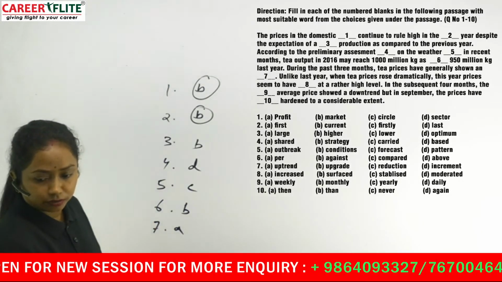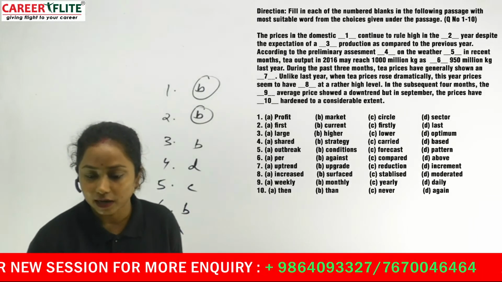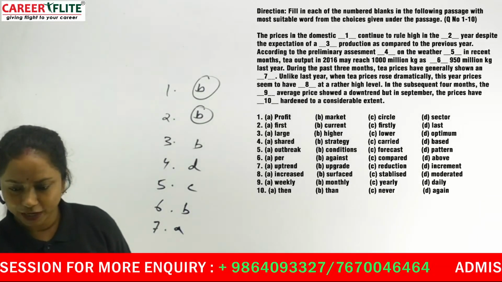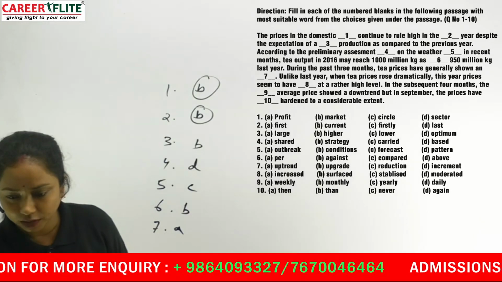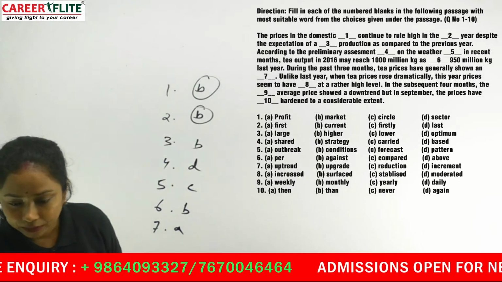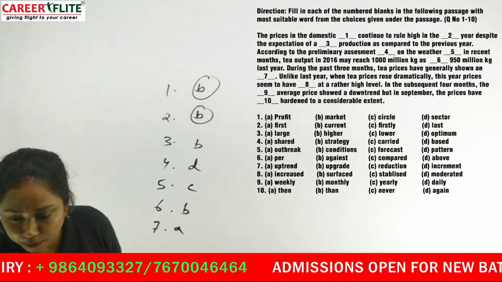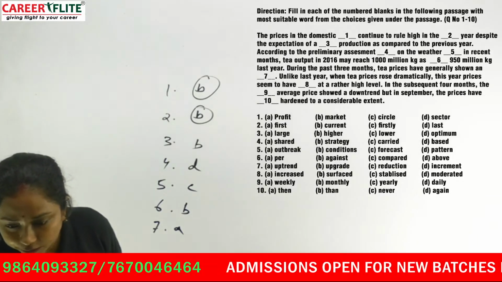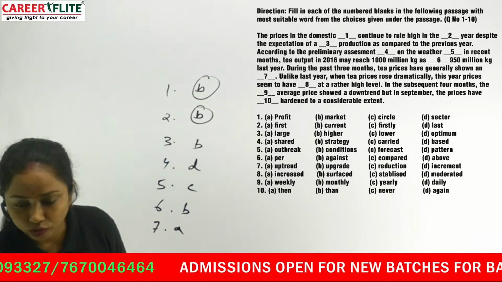Okay. Next up, that is next line. Unlike last year, when tea prices rose dramatically, this year prices seem to have dashed at a rather high level. Okay, we have options in number 8: increased, surfaced, stabilized, and moderated.